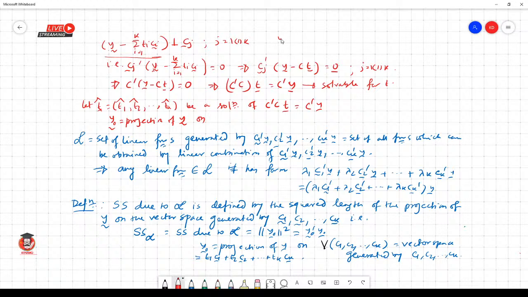Actually y can be written as y naught plus y curl minus the sum over i from 1 to k of ti ci curl.